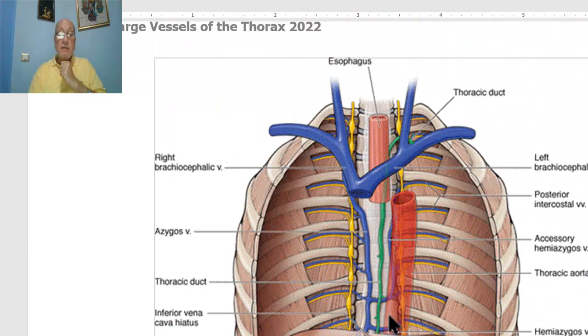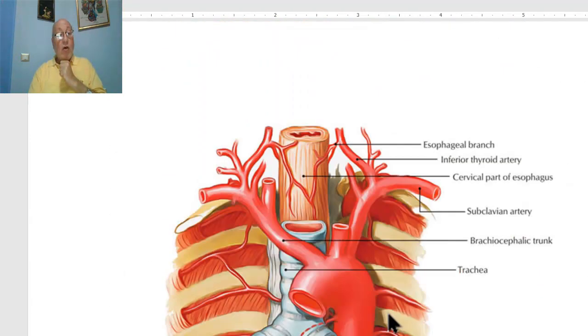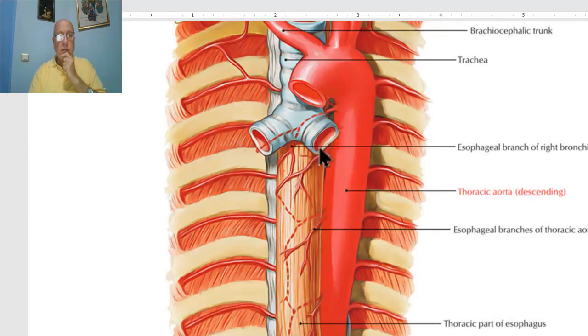You should remember the relations of the aorta to remember the branches of the aorta. First of all, it lies on the posterior thoracic wall, related to the posterior part of the intercostal spaces.